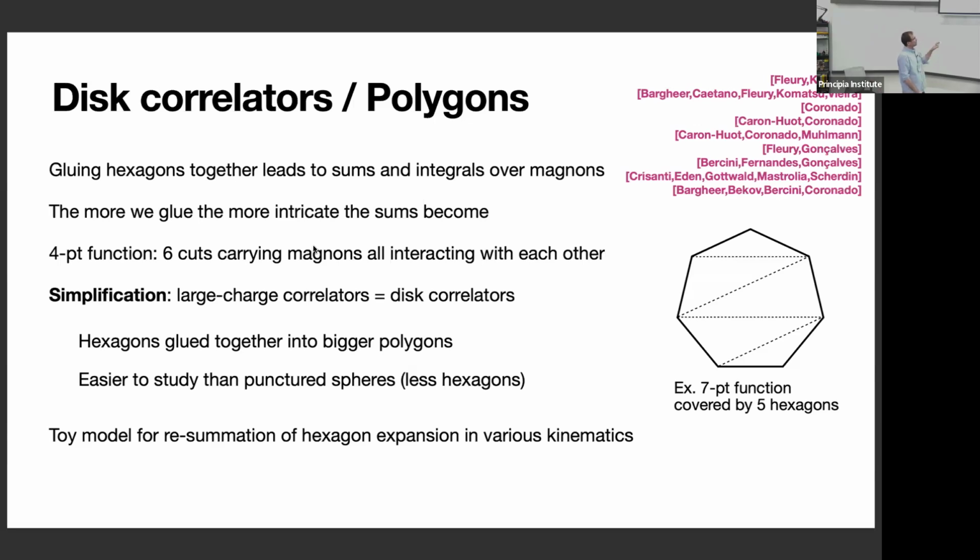But this type of construction is also quite useful in order to build your way up to higher point functions. Okay. So this is a simplification, of course, because usually for a given number of points we will have fewer hexagons involved, or fewer triangles if you prefer, and so that makes the task of resumming over magnons easier. Okay. So these are toy models for resummation, for short.